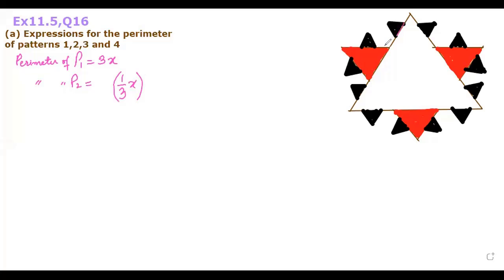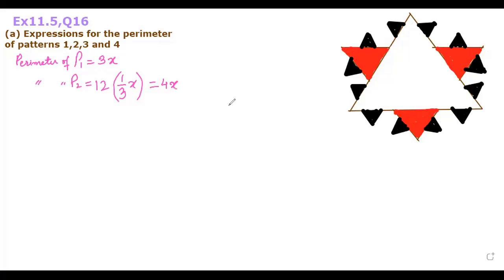I show this here: 1, 2, 3, 4, 5, 6, 7, 8, 9, 10, 11, 12. So we multiply by 12. So the answer will be 4x.